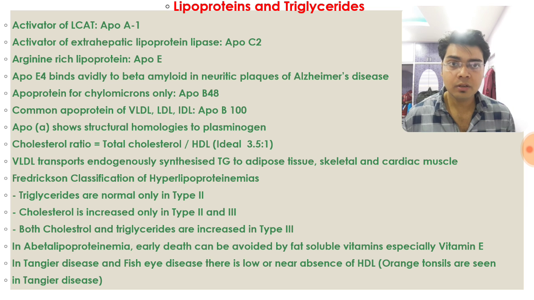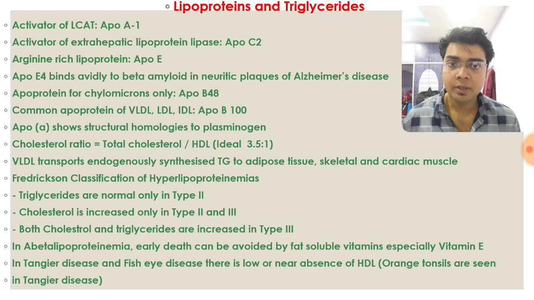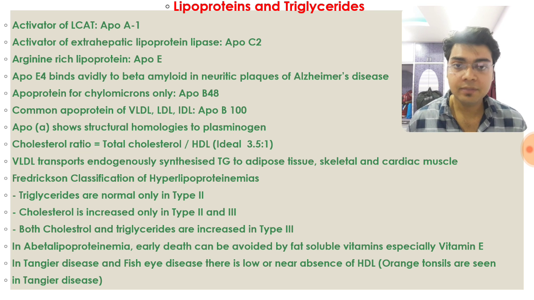The ideal cholesterol ratio is 3.5:1 for total cholesterol to HDL. Now you see one classification of different hyperlipoproteinemias. This is called Fredrickson's classification. You should go into detail of each type.